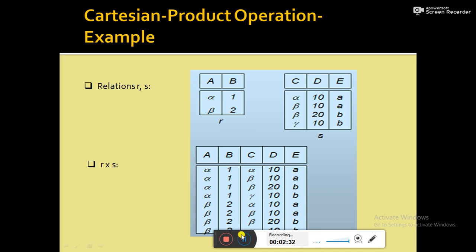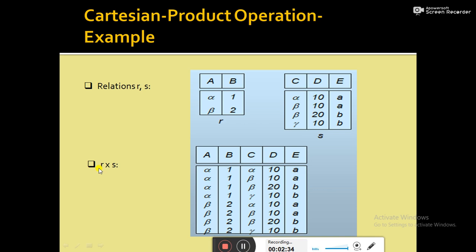Then if we perform the Cartesian product operation between R and S, represented by R cross S, it will produce a temporal relation, and the schema of that temporal relation contains all the attributes from relation R as well as from relation S. So this will be the schema.